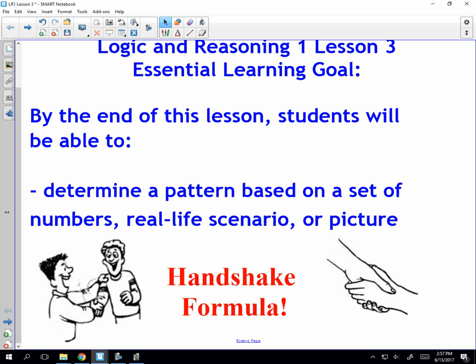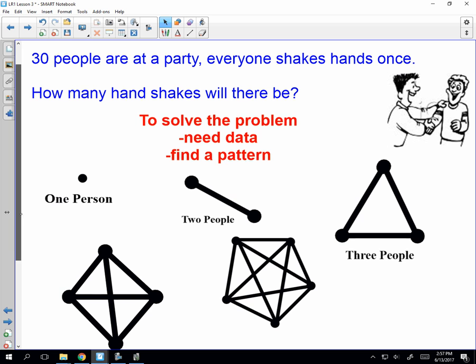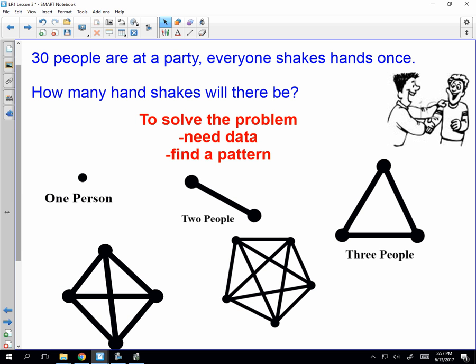Okay, so it seems like a handshake is just one single thing, but when we look at how the handshake pattern or handshake formula works, this applies in a number of scenarios. So if we look at this situation, we're trying to follow the pattern just like we always have in other situations.